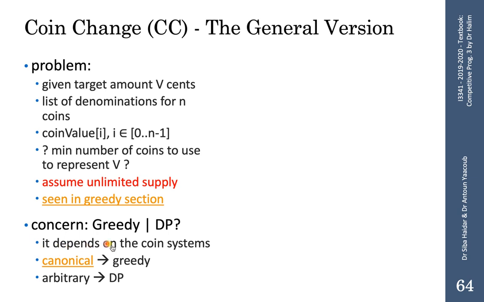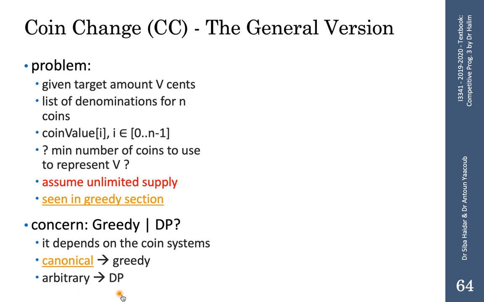It depends on the coin system, in fact, for you to decide if greedy or dynamic programming will give you the right answer. If greedy will give you a right answer, you can use it. If the coin system is canonical, you can go ahead and use greedy. But if the coin system is arbitrary, you cannot use greedy.